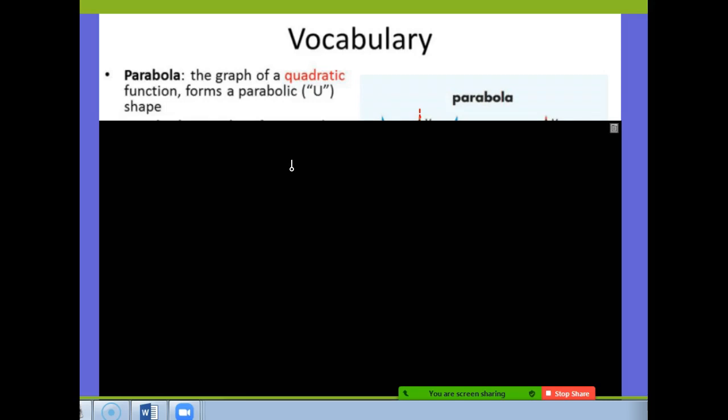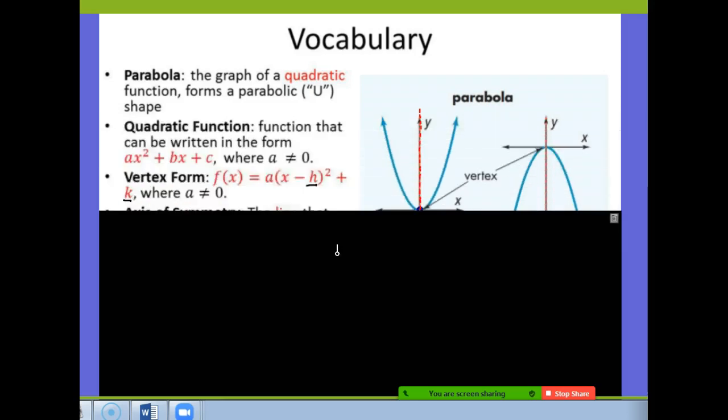The graph of a quadratic function forms a parabolic shape. So absolute values made v's, quadratics make u's. Quadratic functions have two forms to their equation.